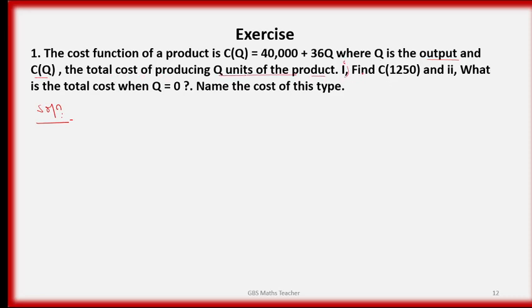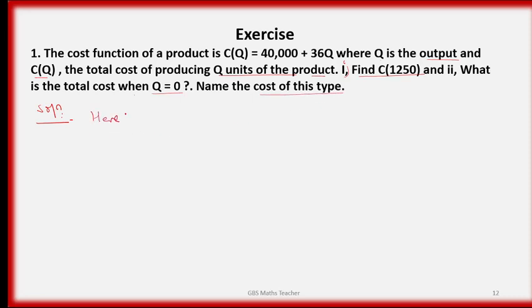In first number, find C(1250), that you know the function. Putting the quantity as 1250, you will find that answer. And in second number, what is the total cost when quantity is 0? Name the cost of this type. Very interesting question, dear students.